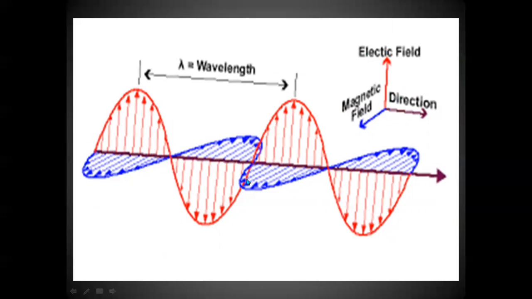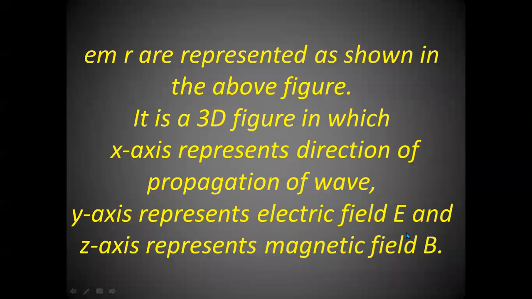Whereas the blue axis is the z axis, and this z axis represents the magnetic field. From this to this is one wave, from this point to this point another wave, in this way. This figure contains two waves. Anyway, this is the definition and representation of the EMR, or electromagnetic radiation.